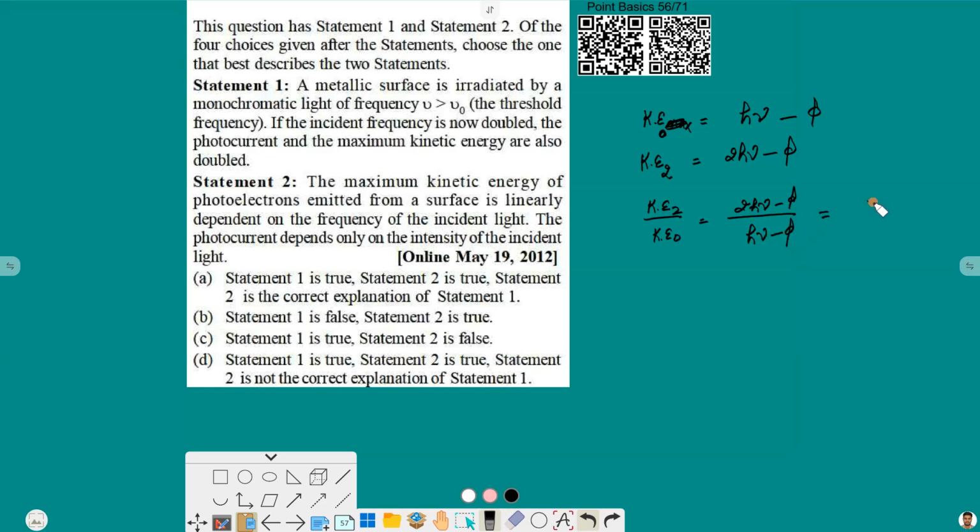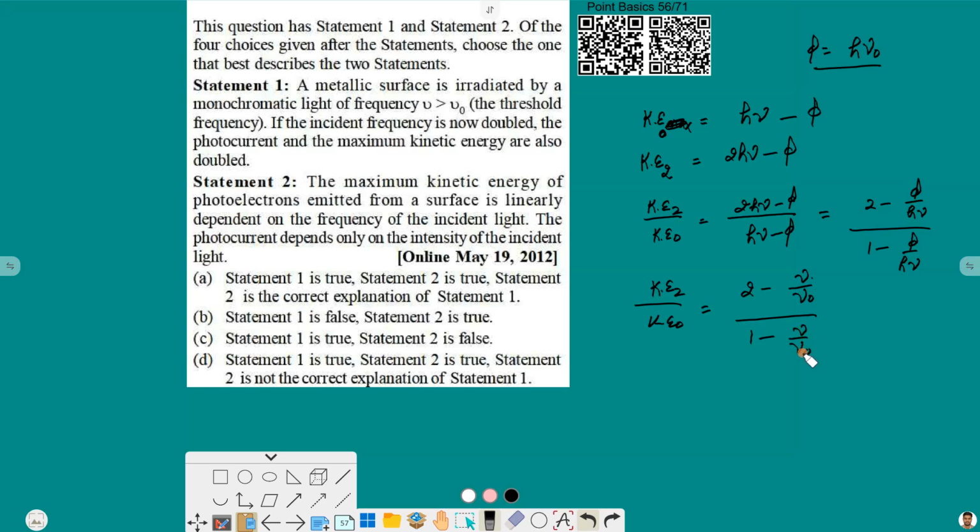This can be written as 2 minus phi by h nu divided by 1 minus phi by h nu. Now what is phi? Phi is basically h nu naught. So this becomes KE2 by KE naught is equal to 2 minus nu naught by nu divided by 1 minus nu naught by nu.